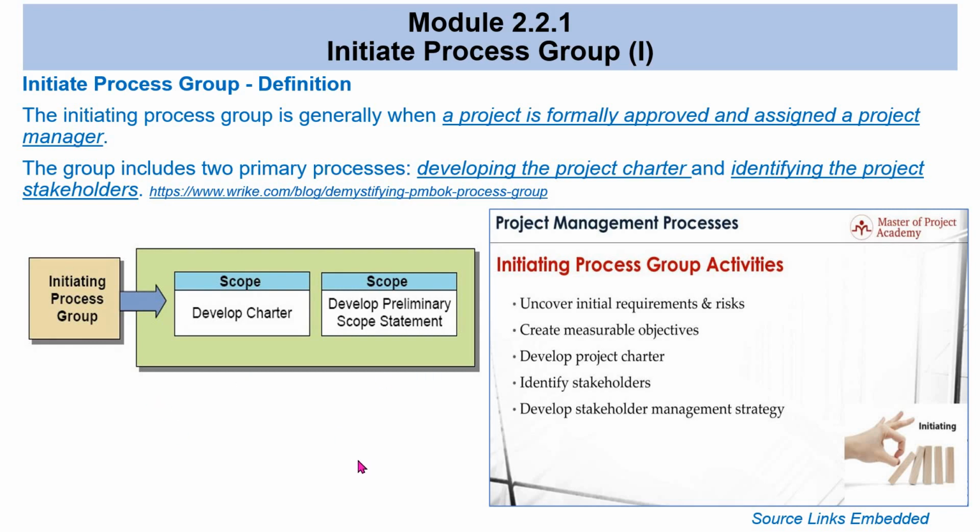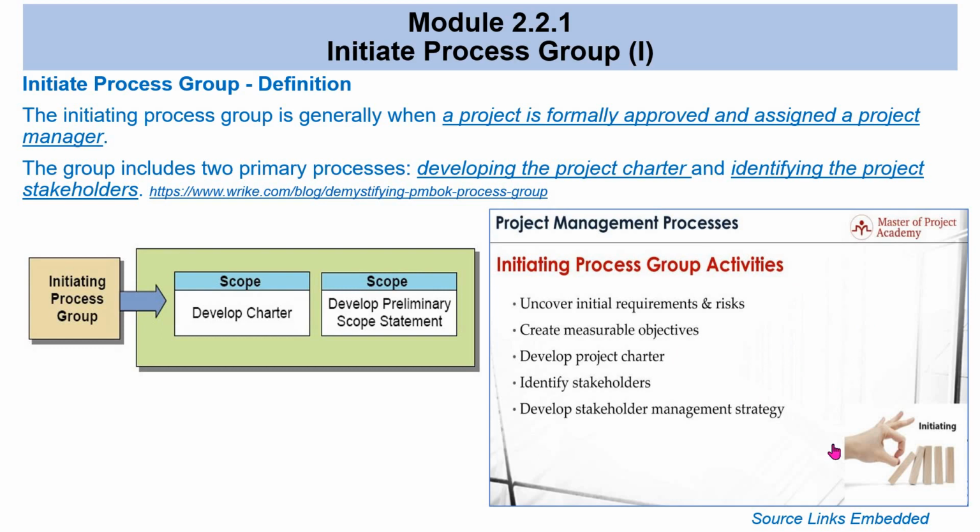So what really makes up the project initiation activities? These are the activities that would make up the phase. For example, uncovering what the initial requirements and risks are, to be able to create measurable objectives, develop the charter itself, identify stakeholders, and develop a management strategy.